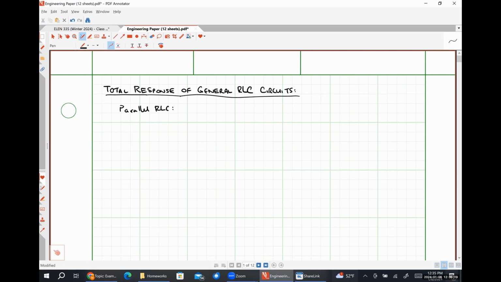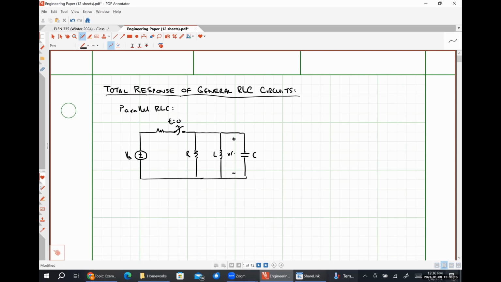So we might have something like this, where this will be our voltage drop, V of t, and this is the current flowing through our capacitor, IC.